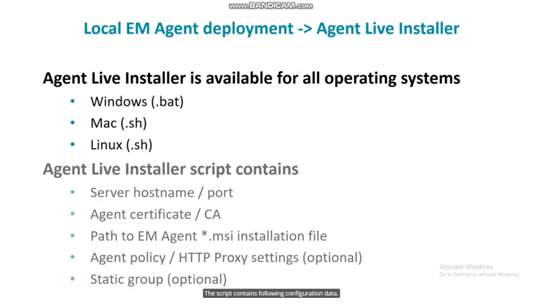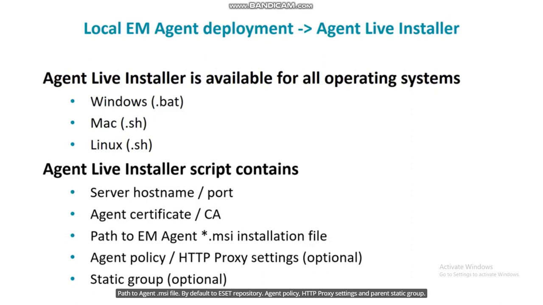The script contains following configuration data: ESMC server hostname and agent port on server, agent certificate and certification authority, path to agent MSI file, by default to asset repository, agent policy, HTTP proxy settings and parent static group.